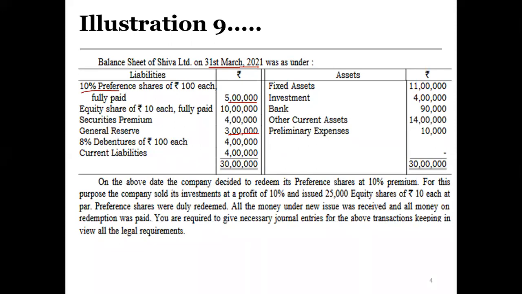For this purpose, the company sold its investment at a profit of 10% and issued 25,000 equity shares of rupees 10 each at par. Preference shares were duly redeemed. All the money under the new issue was received and all the money on redemption was paid. You are required to give necessary journal entries for the above transaction, keeping in view all the legal requirements.